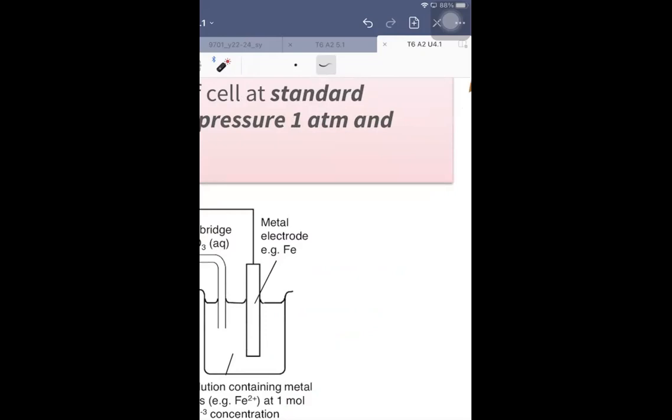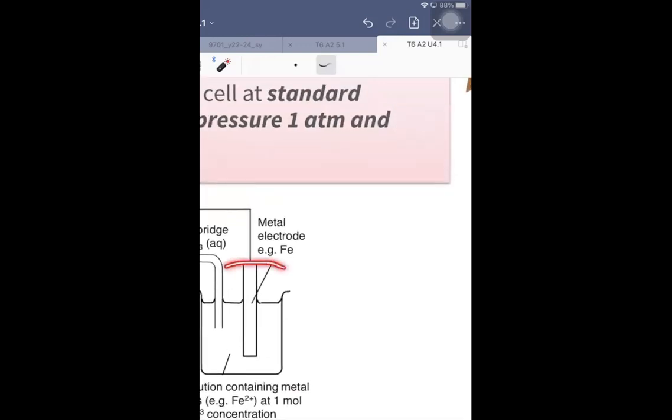You don't just pump hydrogen gas and expect it to just dissolve and mix with the solution. You have to insert the tube halfway through the solution so that your hydrogen gas will eventually get contact with your H plus with the help of the inert electrode like platinum or graphite.